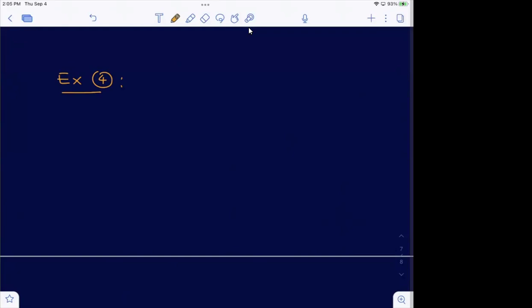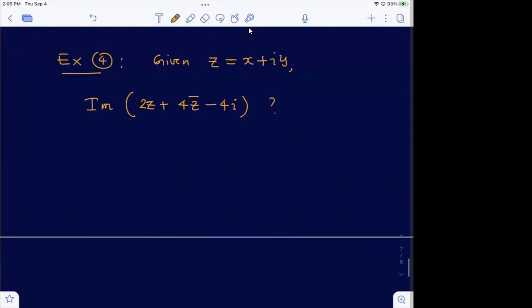All right, so what is the imaginary part of this kind of number? 2z plus 4 z bar minus 4i, given that z is x plus iy. Given this is what you need to find.